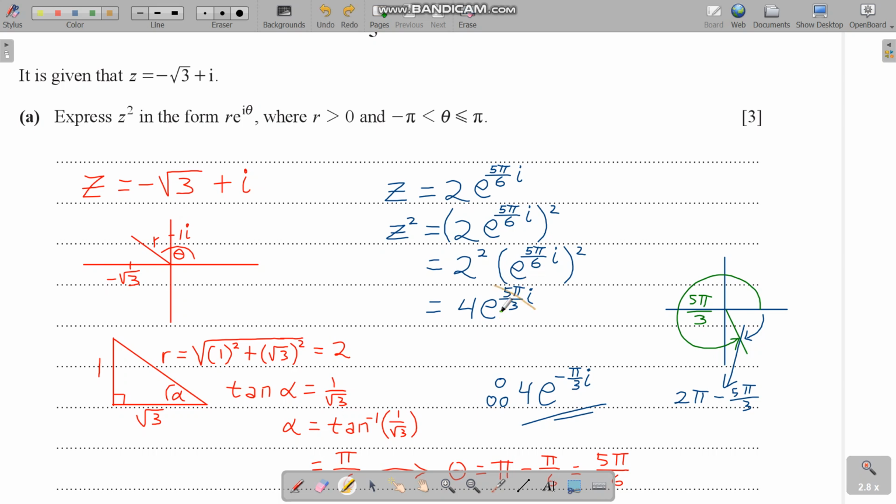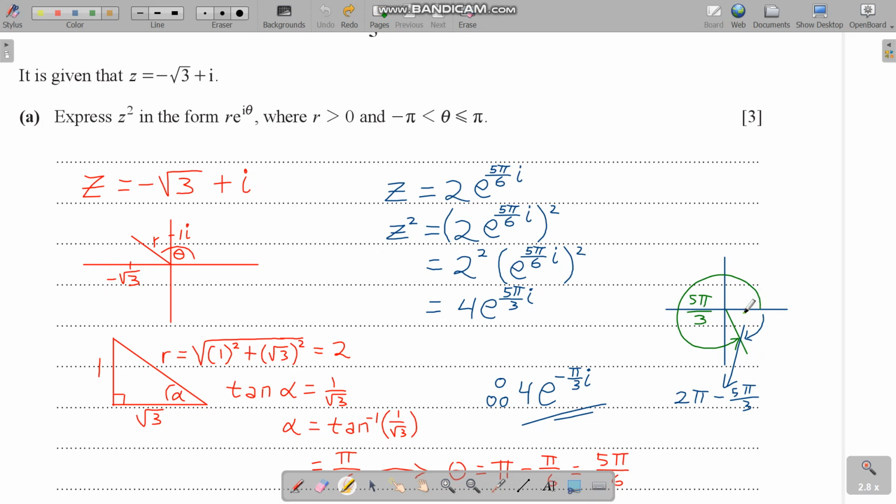5 pi over 3 is 300 degrees, so it's around this. This is the angle. Now we cannot use an angle bigger than pi, so instead of the positive 5 over 3 pi, we can use this negative angle. To find the magnitude of this angle, one full circle is 360 degrees or 2 pi, minus 5 pi over 3.